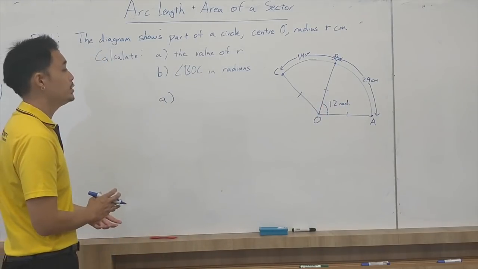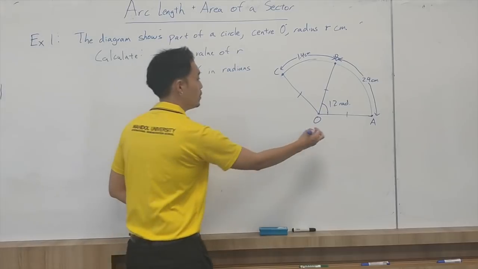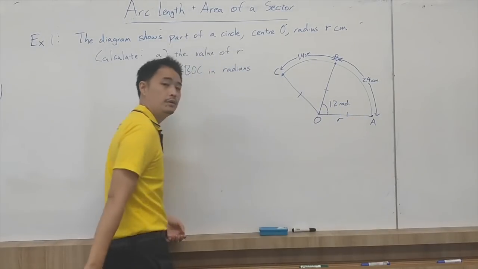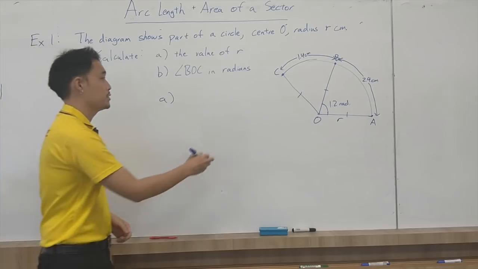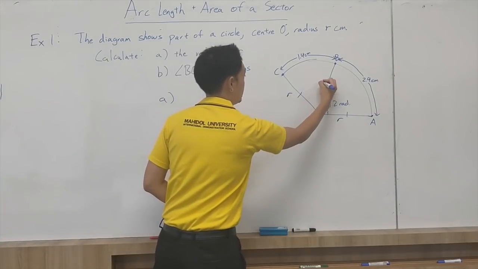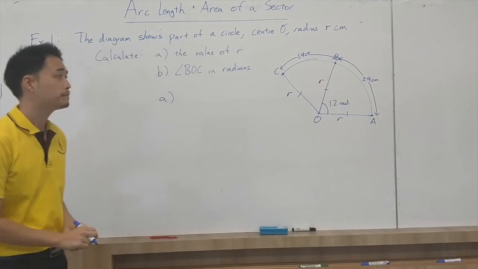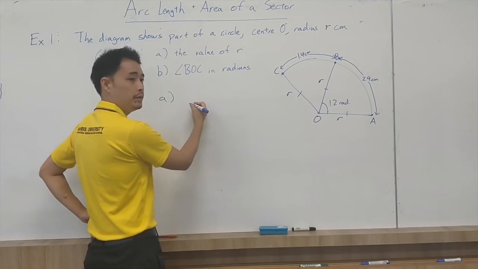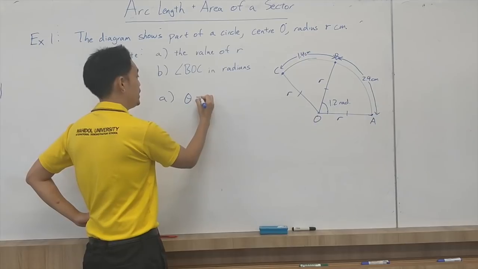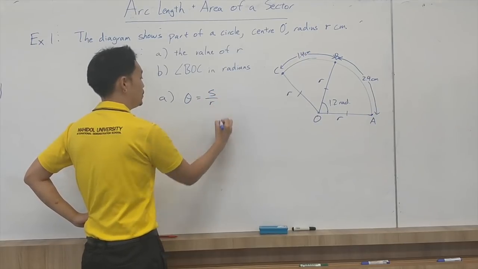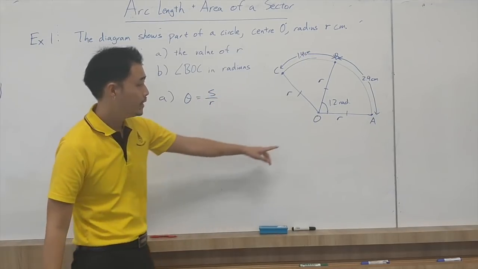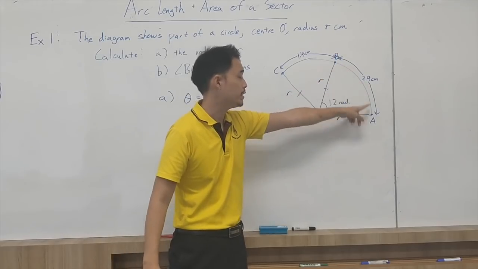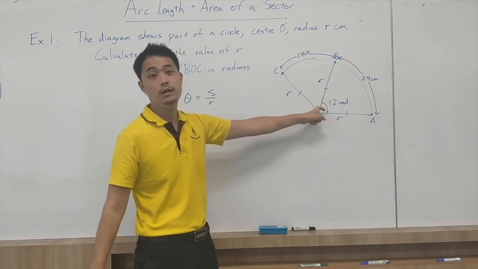What we're going to want to do here first is solve for r. Here r is the length of this radius, and of course this is r, and that is r as well. We know our basic formula for a radian is theta equals s over r. Over here I have an s, an arc length, and a theta, an angle.